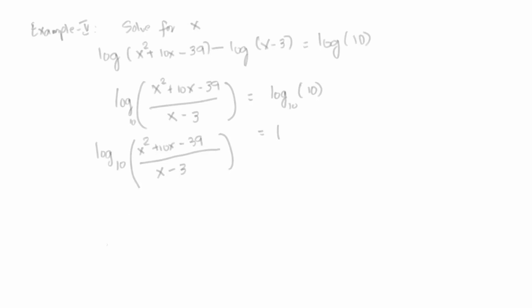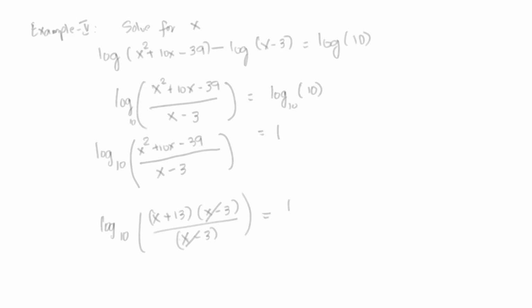We could factor x squared plus 10x minus 39 as (x plus 13) times (x minus 3). Now the x minus 3 terms would get cancelled.